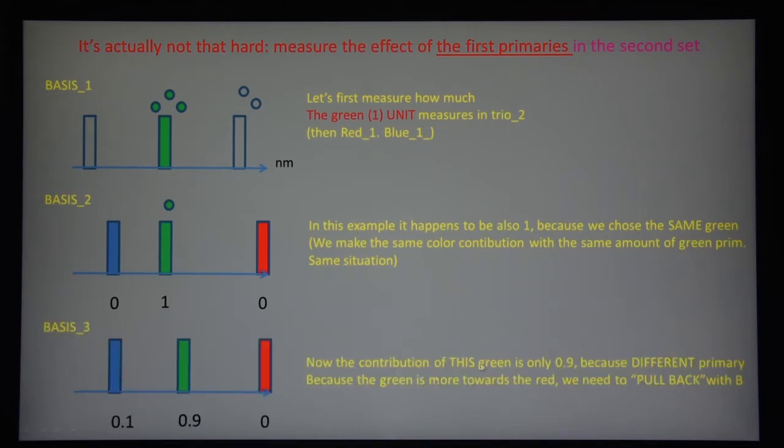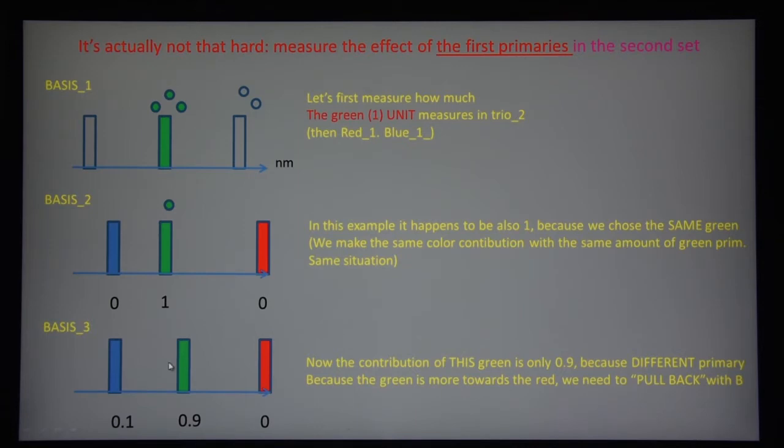Okay, now let's suppose he didn't know about what Mr. Guild was doing, so let's suppose Mr. Wright chose a green which was a little bit more yellowish, a little bit more towards the red. In that case, I need to make, for example, 0.9 of the green photons, or intensity, watts if you want, and 0.1 of the blue. Why?